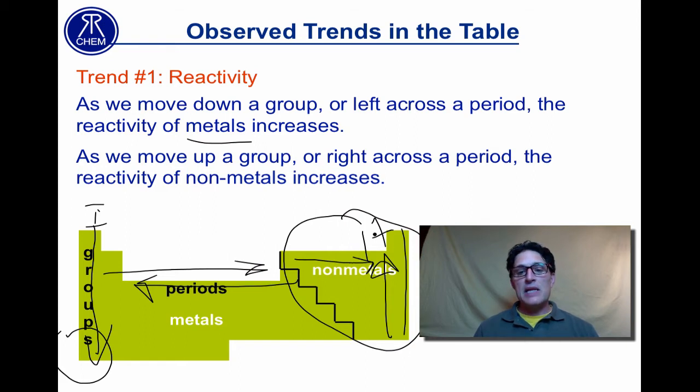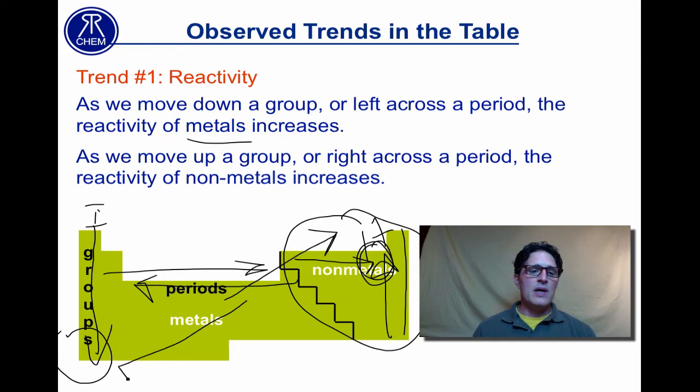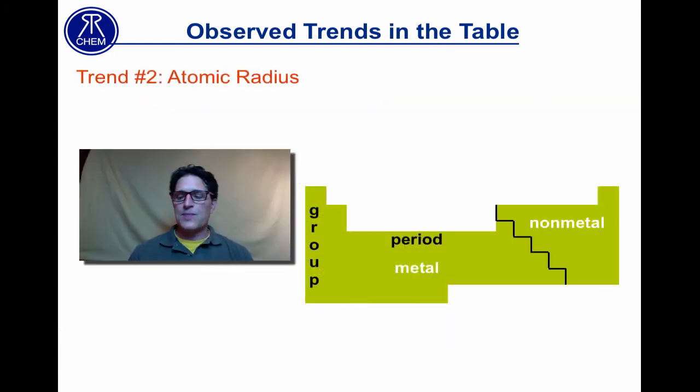So you would expect this element right up here, and I'm going to let you figure out what element that might be, would be the most reactive non-metal. Sometimes the trend in reactivity is described in this way. It's almost like an arrow going up that way and an arrow going down that way in terms of increasing reactivity. So, that's the first trend.